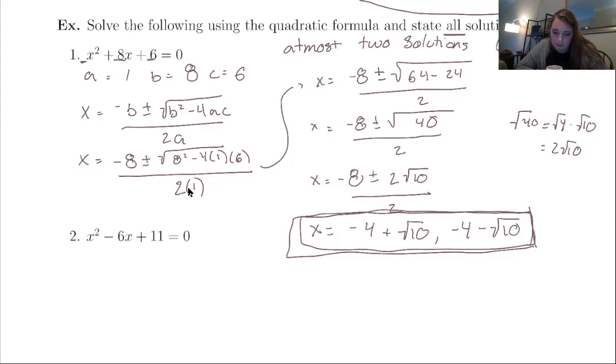So I'll walk through what we did. I found a, b, and c, right? My coefficients, they're always going to be numbers. If I'm putting into the quadratic, they're always numbers. It's never going to have the variable involved at all. So I wrote down my quadratic formula to help me out, and I plugged all my numbers in.